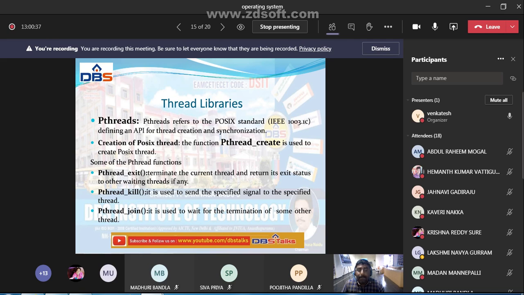The next one is pthread_kill. What is meant by pthread_kill? Pthread_kill is used to send a specific signal to the specified thread, that is, the thread which is going to be ready to be executed by the process. That means it sends a signal to the specific thread that you are ready for execution.